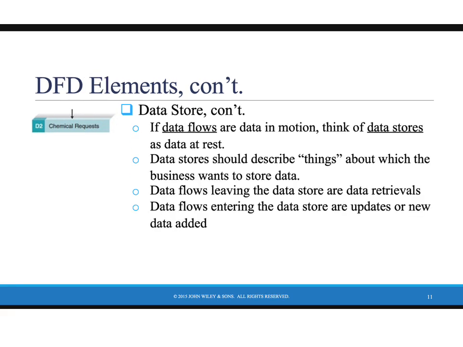If we see data flow as data in motion, think of data stores as data at rest. Just like I mentioned before, it is that thing that information is collected about. Data flows that leave the data store are data retrievals, while those that go into it can simply be updates or new data added.